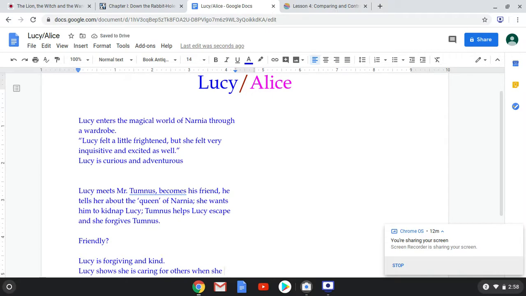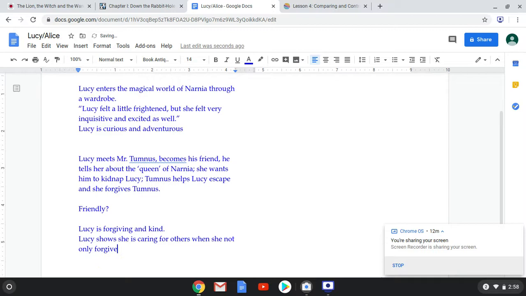Lucy shows she's caring for others when she not only forgives Mr. Tumnus, comma, but says she hopes he does not get into trouble because, or how about from helping her get back to the lamppost.